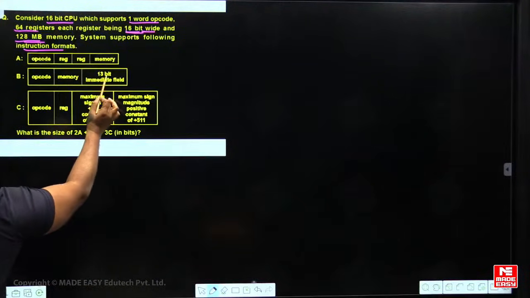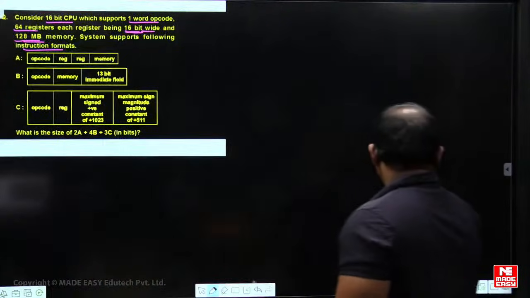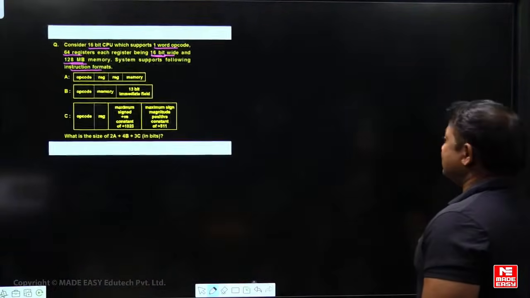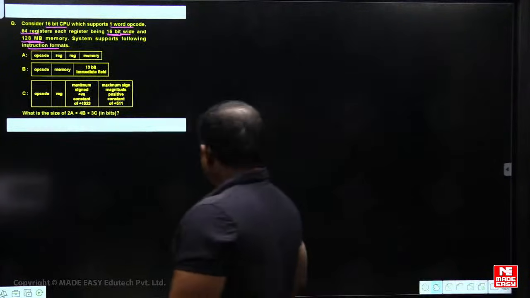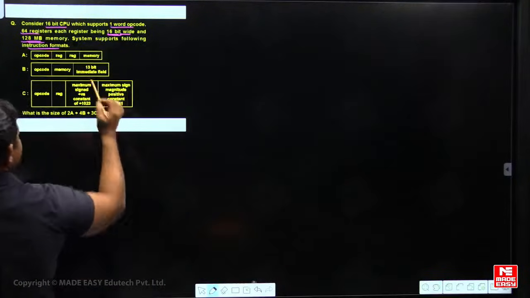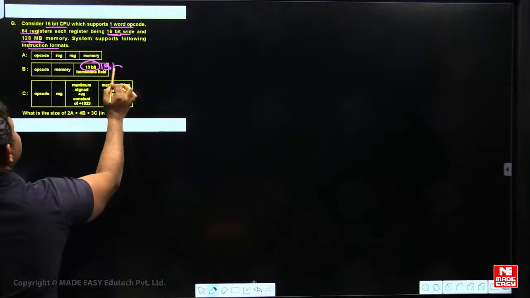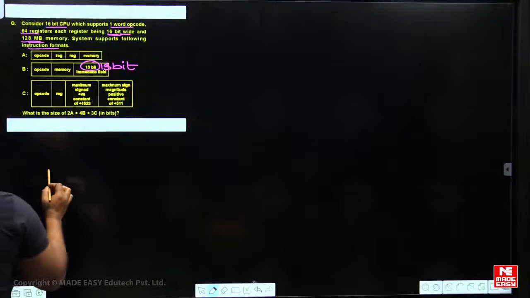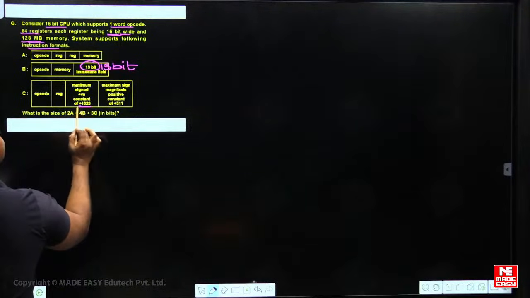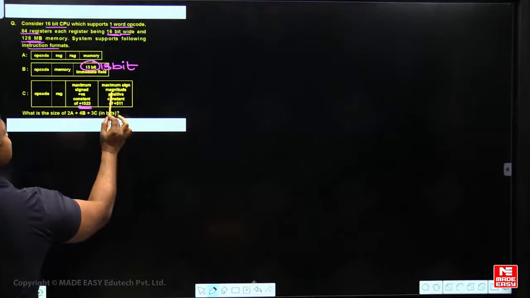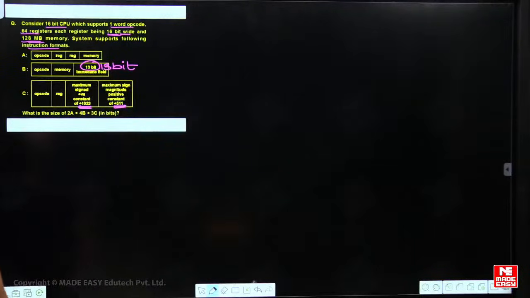In format B: opcode, memory, 13-bit immediate. In format C: opcode, register, and a constant, where the maximum signed positive constant is plus 1023 and the maximum sign magnitude positive constant is plus 511.